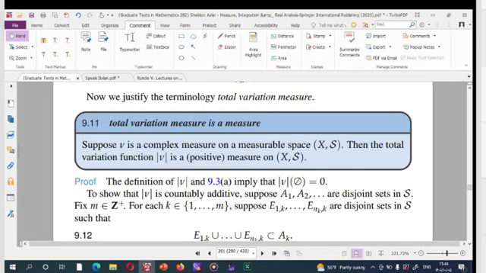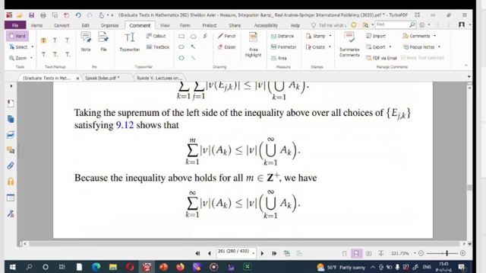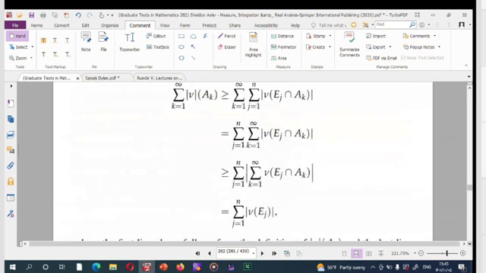and we have this proposition: total variation measure of a measure is a measure. Suppose nu is a complex measure on a measurable space x and s, then the total variation function is a positive measure on x and s, okay? Is a positive measure.